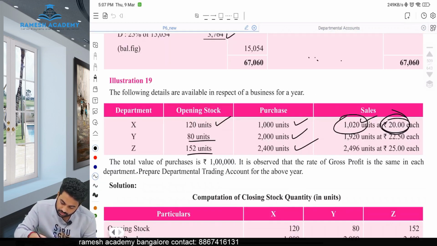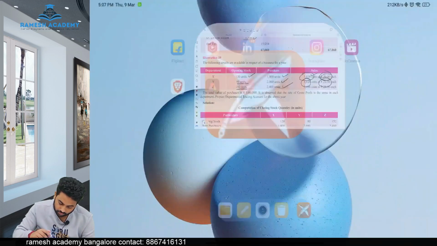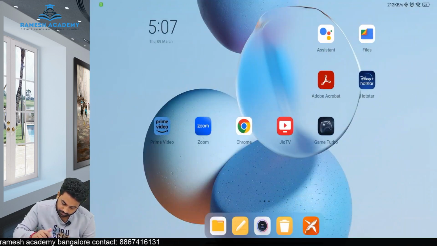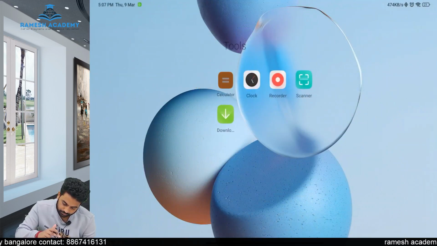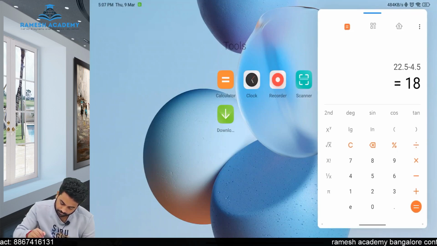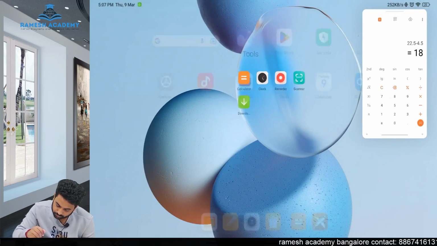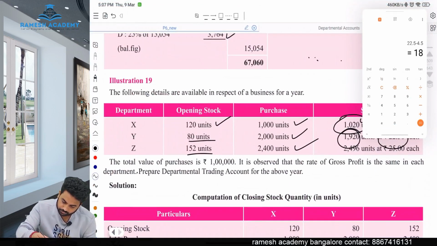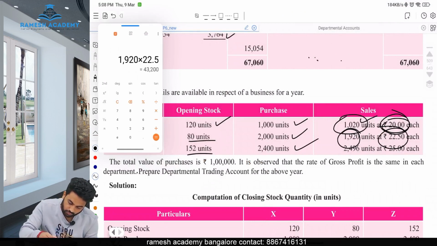Here Y, 1920 into 22.5. 1920 into 22.5 is 43,200, sir.